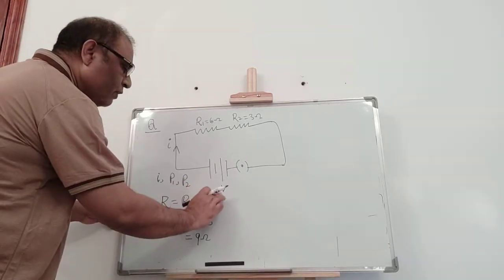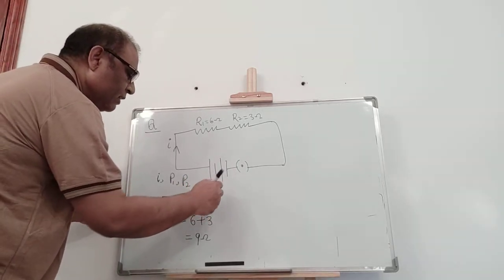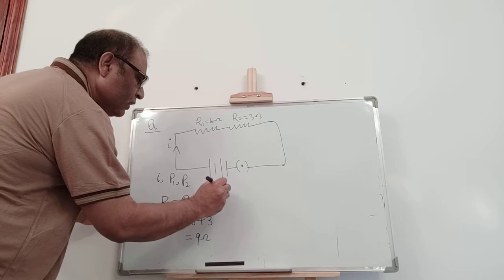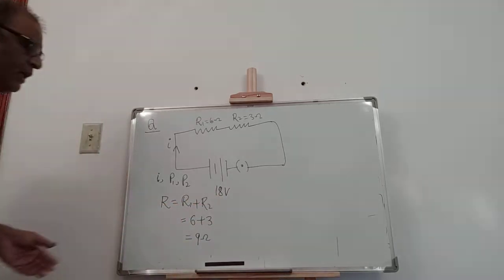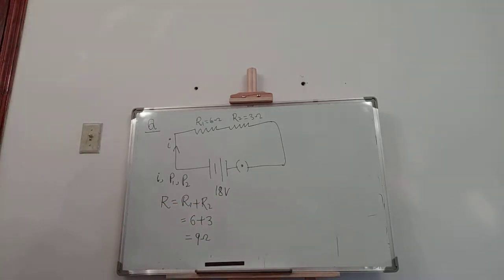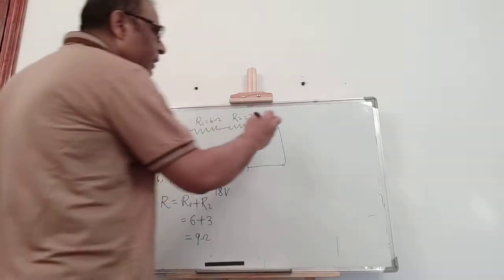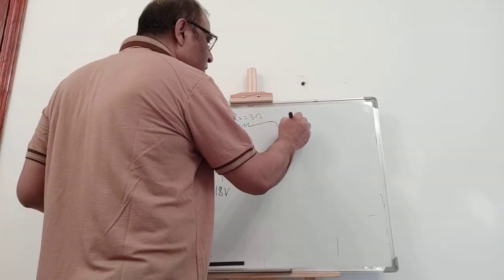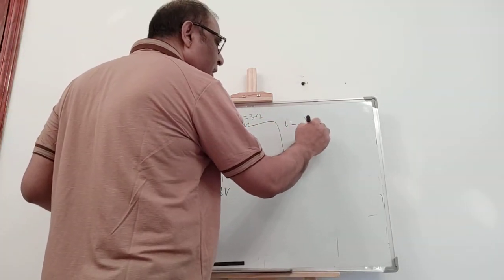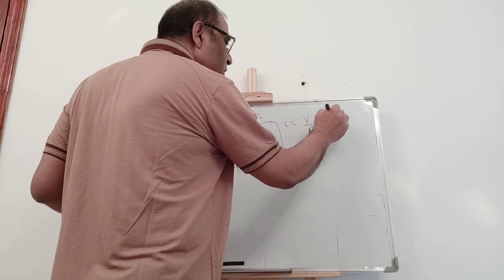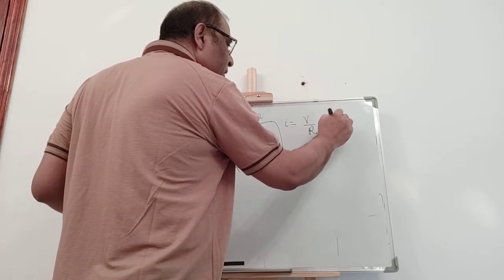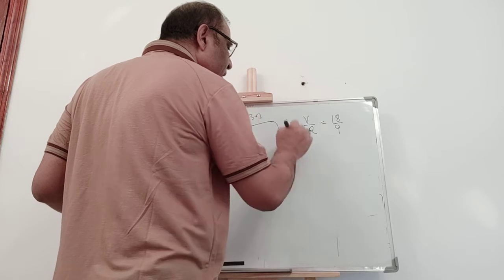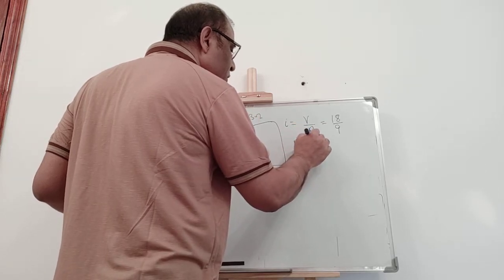For the sake of convenience, take it 18 volt. Calculation becomes easy to understand. Then I equal to V upon R equal to 18 upon 9, and I equal to 2 ampere.